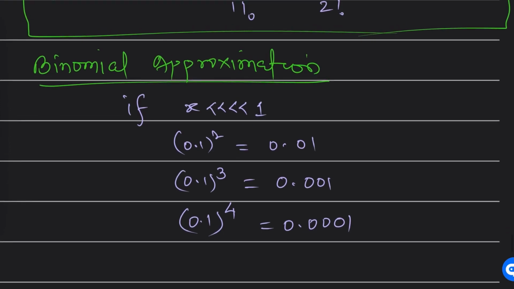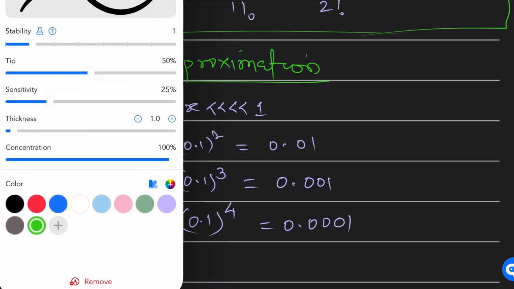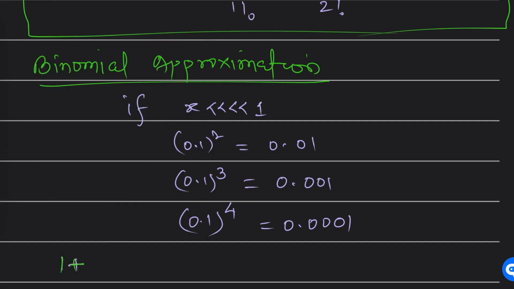So can we say the above equation can be written as (1 plus x) power n is almost 1 plus n into x, because 1 factorial is 1.